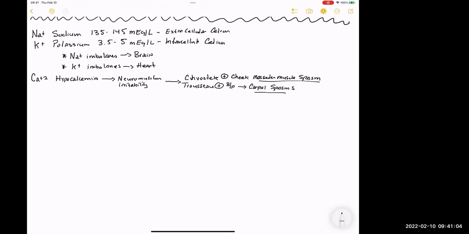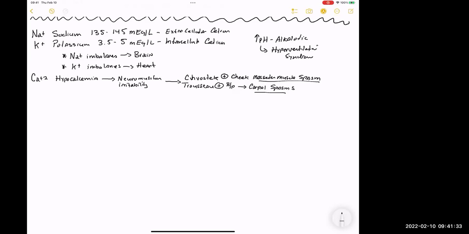Carpal spasms are associated with a very high pH. We'll see that, right? The pH is increased, you become very alkalotic. And so this will occur in severe cases of something called hyperventilation syndrome.